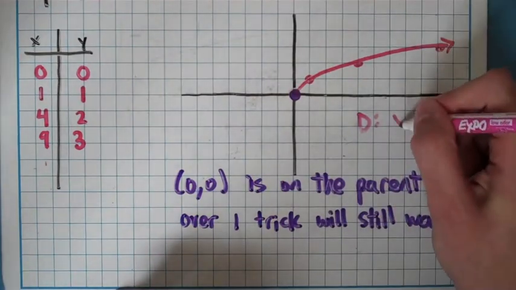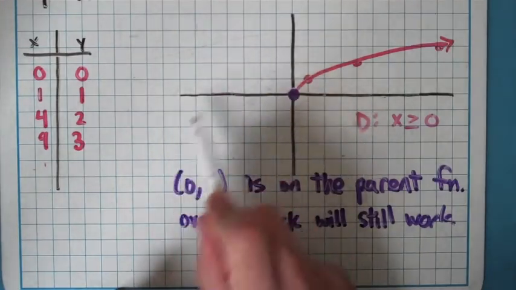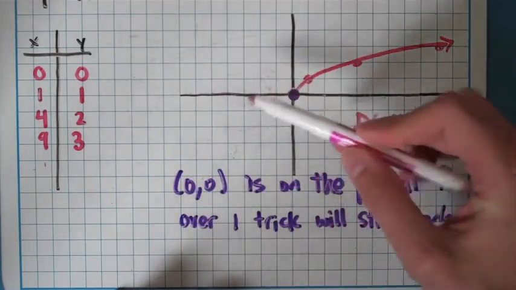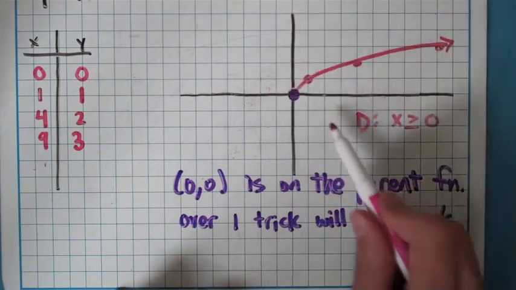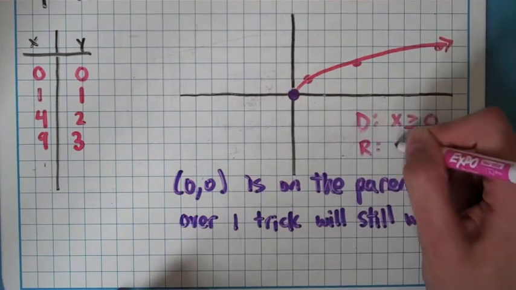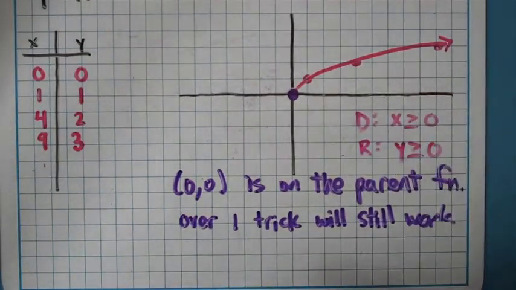So we would say the domain is x is greater than or equal to 0, because the graph never comes over here. The range is going to go from this point upwards, so we use the positive y's, but the graph never comes down to the bottom part either. So we would say that the range is y is greater than or equal to 0 as well. Alright, so now let's get into our examples.